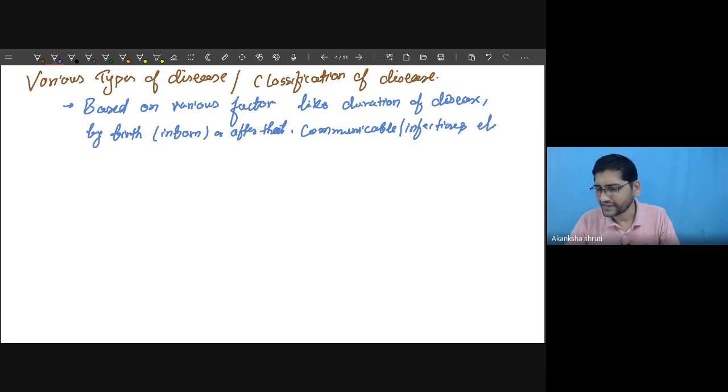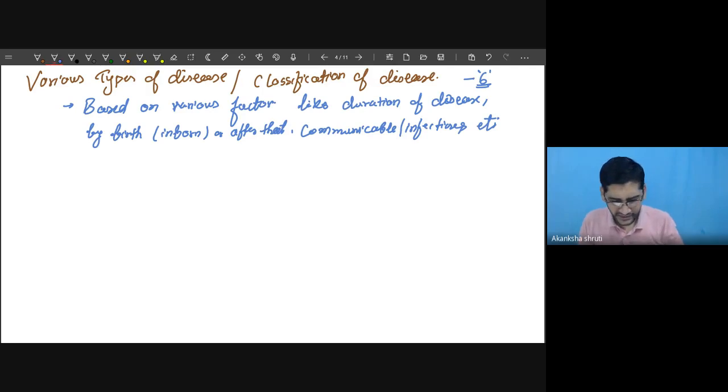So etc. Many more are there. So broadly there are 6 such factors. So we will learn about 6 kinds of classification. Okay. So I will discuss their various types, their examples, their causes, everything in that. That way we are able to finish the topic. Only this much we have to learn.